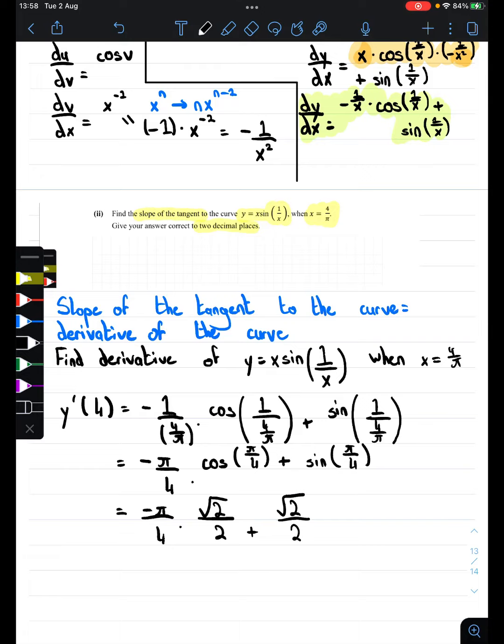Okay, and then if we put this into our calculator, 0.1517, or to the nearest 2 decimal places, 0.15.